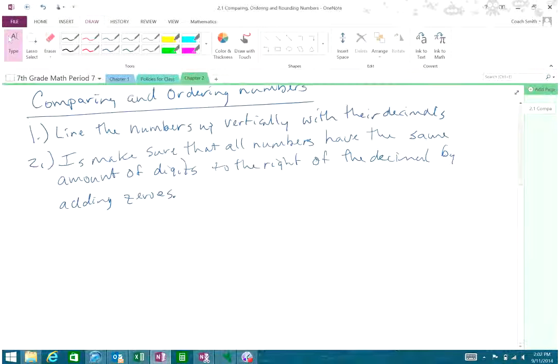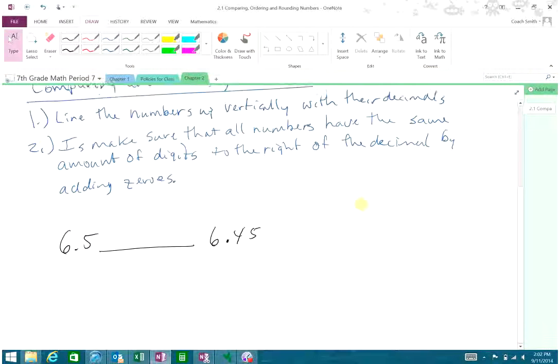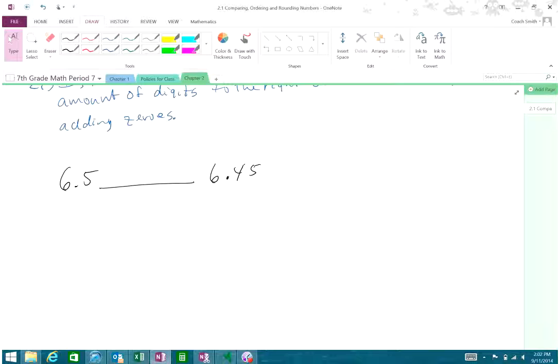All right, so for example, if I'm comparing these two numbers, 6.5 and 6.45. Now, for some of you that may be very easy to see which one's bigger, and that's fine, but I want to show you the steps.